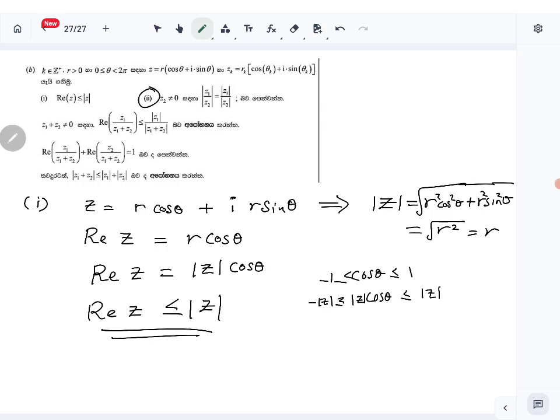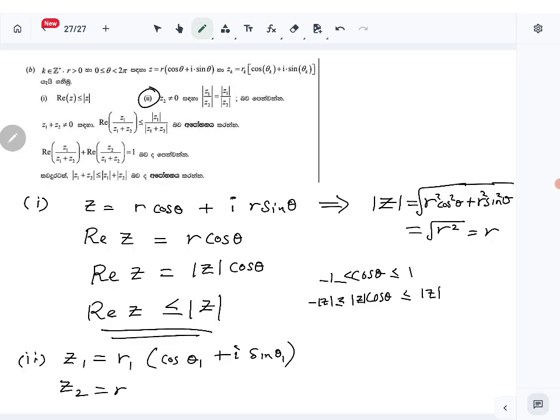Second part. Right. So we have to first create what? Z1 and Z2. Z1 is what? Using this one. R1 cos theta 1 plus I sin theta 1.